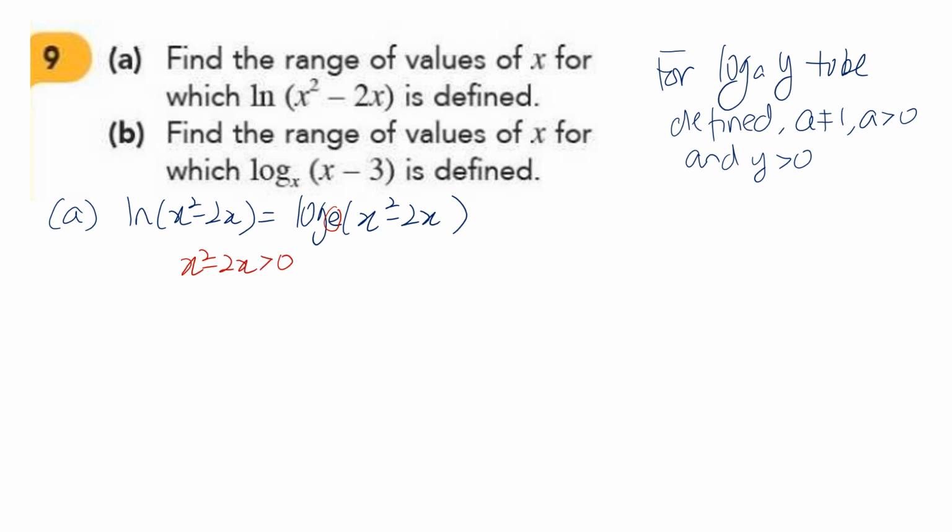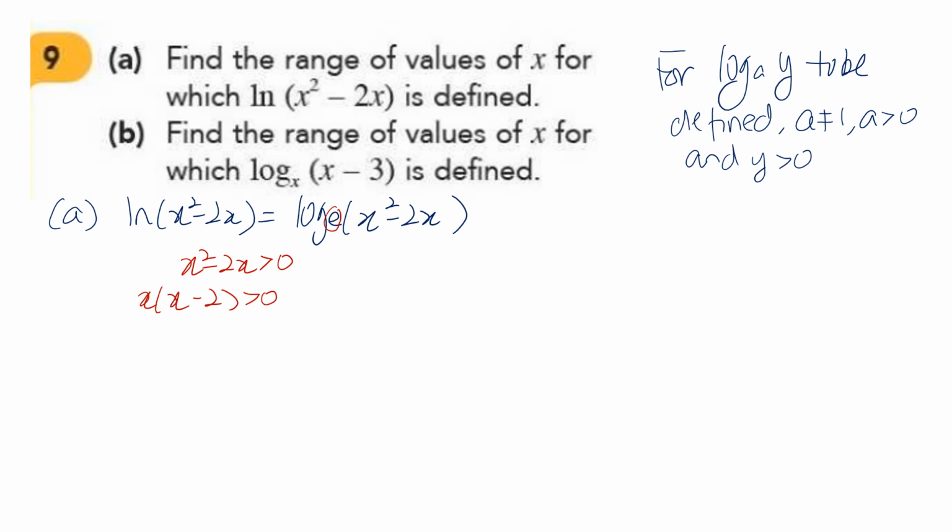If you look at x squared minus 2x more than 0, that will remind us of the chapter on solving quadratic inequalities. Here we need to factorize it. The common factor is x. If you cannot remember, please revisit chapter 1 or 2, solving quadratic inequalities.